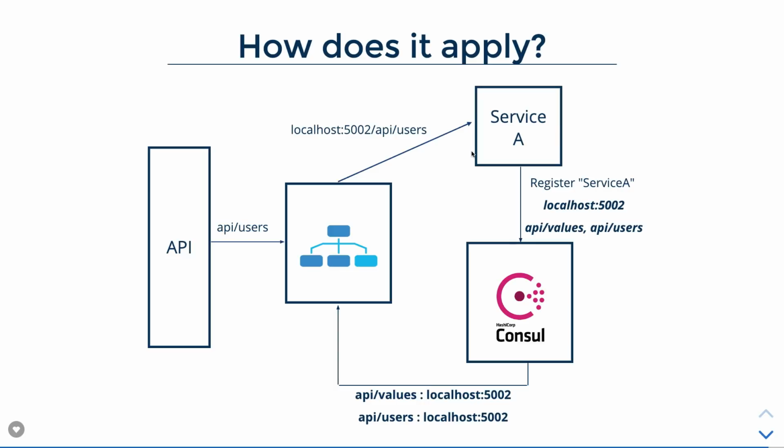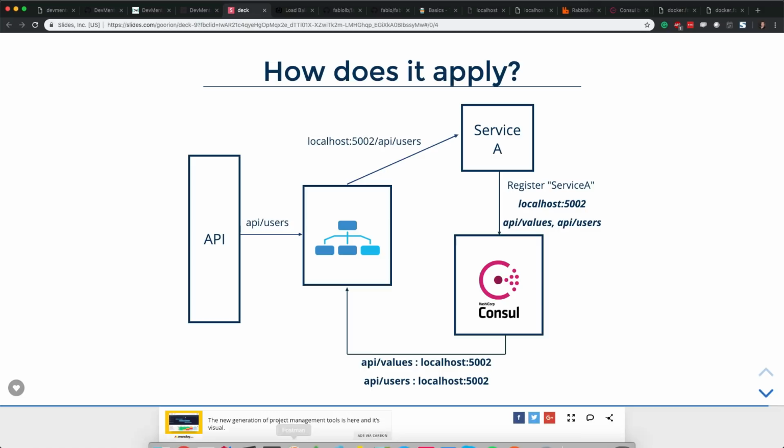I have some service that subscribed with this endpoint, and this is localhost 5002. So then Fabio would simply forward this to 5002 API users, make this HTTP request, get the response and forward this to the caller. So basically, this is how Fabio integrates with the console. It's a very simple mechanism, and you will see in just a minute how this looks.